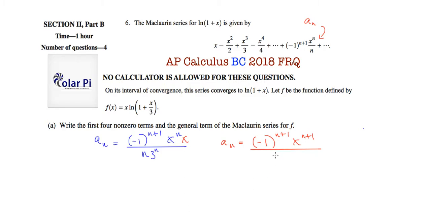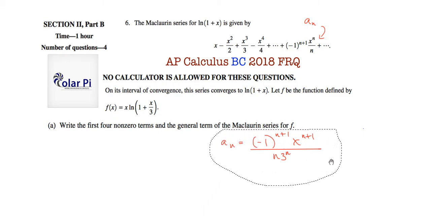Now that we've got the general term, like I said, it's pretty easy to get the first 4 non-zero terms. We just plug in n equals 1 through 4.